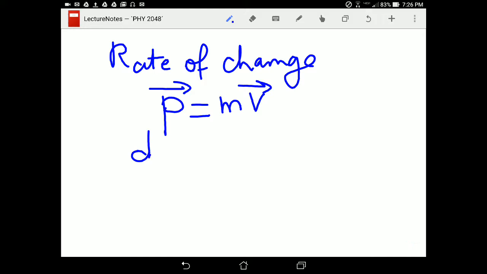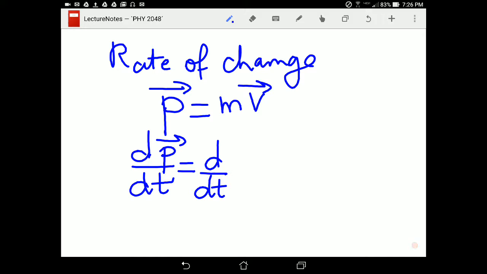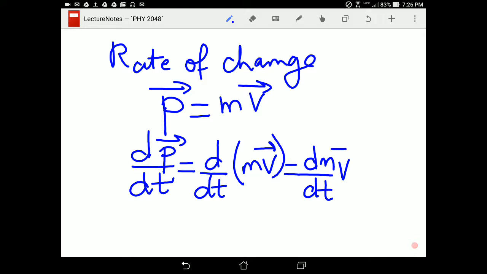So we will be interested in the derivative of momentum with respect to time, so it'd be the derivative of this combination of terms, m times v. If we apply the product rule, then this is going to be the derivative of the mass with respect to time times the velocity, plus the mass times the derivative of the velocity with respect to time.